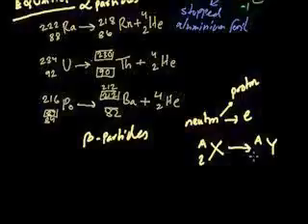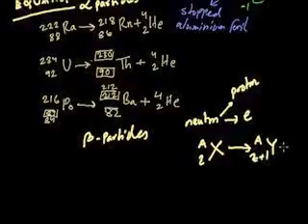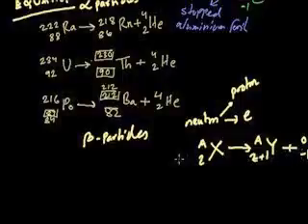The proton number will increase by 1 because the neutron is breaking down into a proton, and in order to balance it, we have this beta particle which is -1, so Z plus 1 minus 1 is ultimately going to be Z, so it is balanced, and A will remain the same because A plus 0 is A. So this is how it is working.